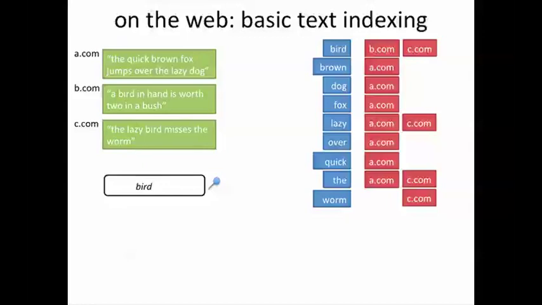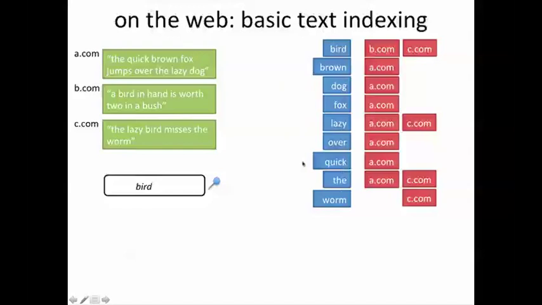Now let's see what it takes to find a document in such a text index. The web consists of documents which have millions of words. So the number of words on the left-hand side of such a text index is huge. And when we want to search for a word, we have to look up some structure where all these words are stored.